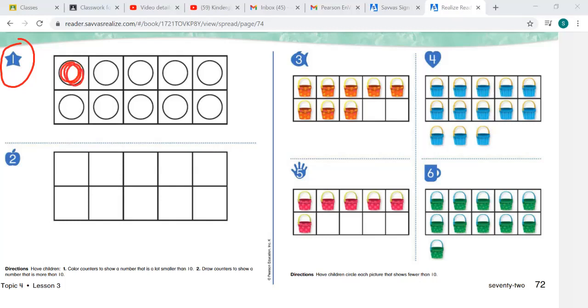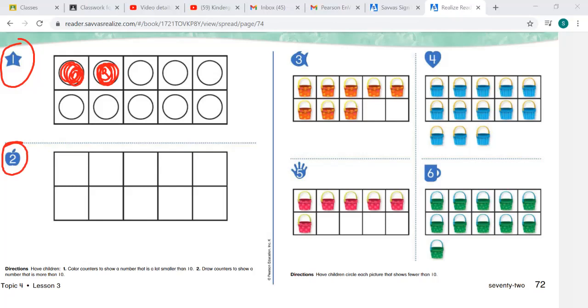I'm going to color in 2 counters. That is showing a number that is a lot smaller than 10. Look at all the empty circles and squares there are. So 2 is a lot smaller than 10.